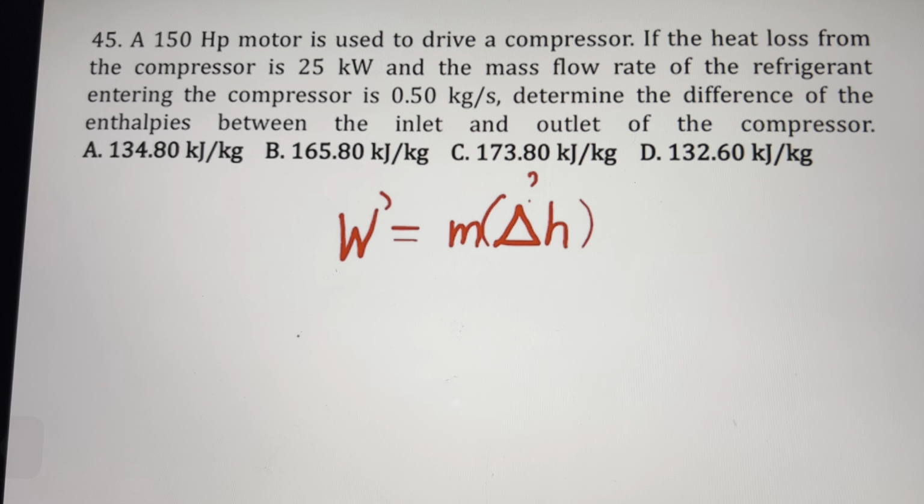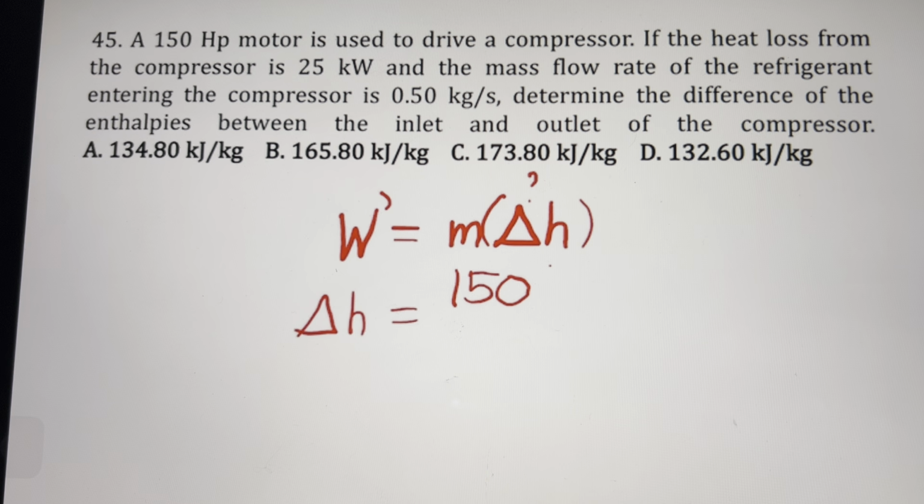Okay, so to find the delta H, that is the ratio of our actual work of the compressor divided by the mass flow rate of our refrigerant. Let's start with our ideal power requirement of 150 horsepower.